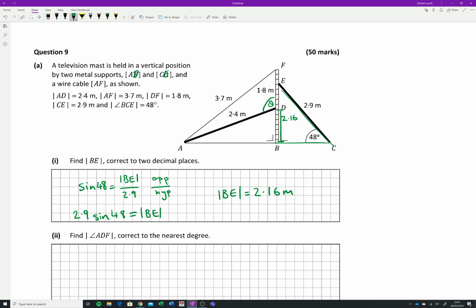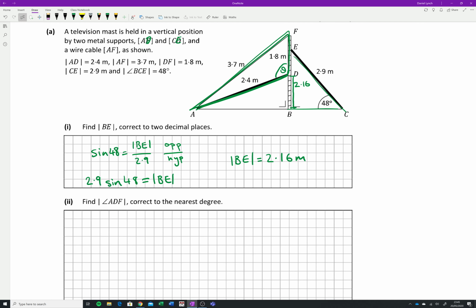And it is part of a non-right angle triangle. Okay, it's a non-right angle triangle. And we have three sides, 1, 2, 3 sides of a non-right angle triangle. Whenever I see three sides and we need the angle, we should be using the cosine rule. So the cosine rule goes a squared equals b squared plus c squared minus 2bc cos a.